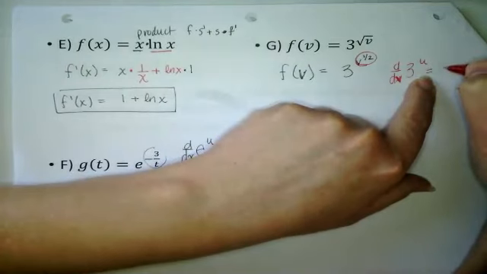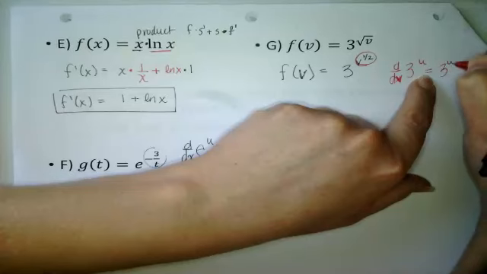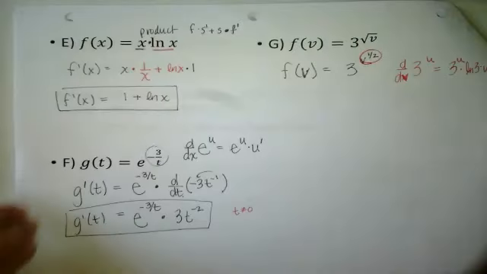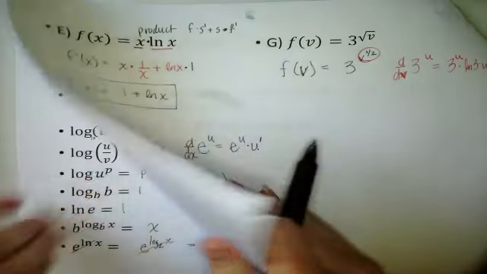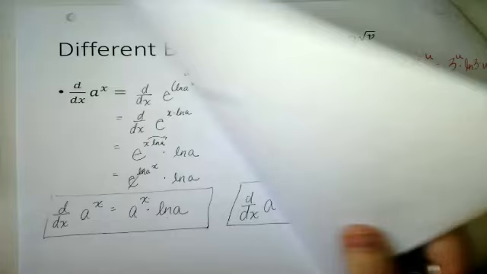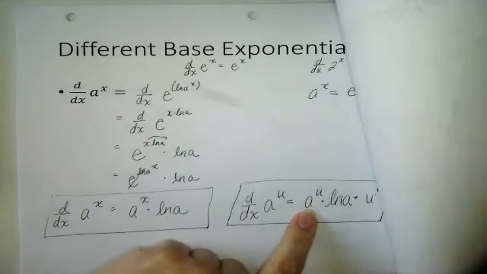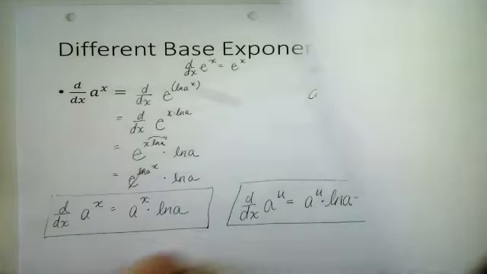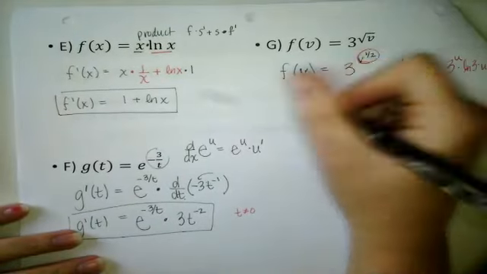Then it was, we just did this, the base, same thing again, times the natural log of the base times the derivative of the baby. All right, I think. So I'm going to double check because I think that's what it was. Let's see. So a to the u times the natural log of the base times the derivative of the baby. Very good. Okay. So we're going to go ahead and do that.